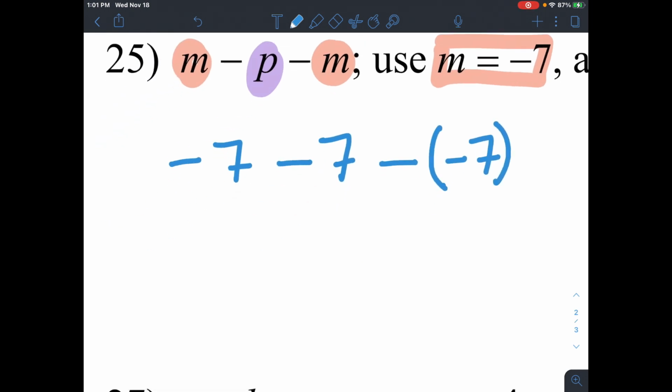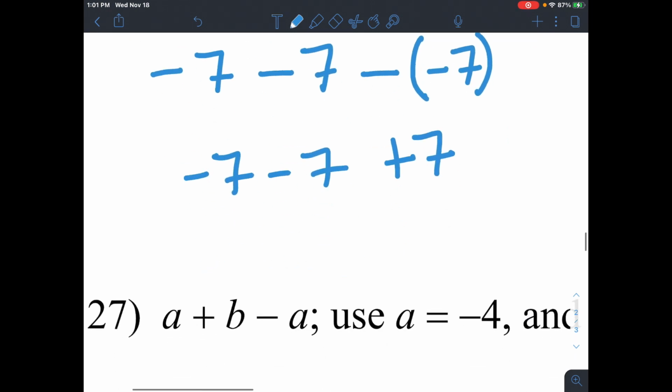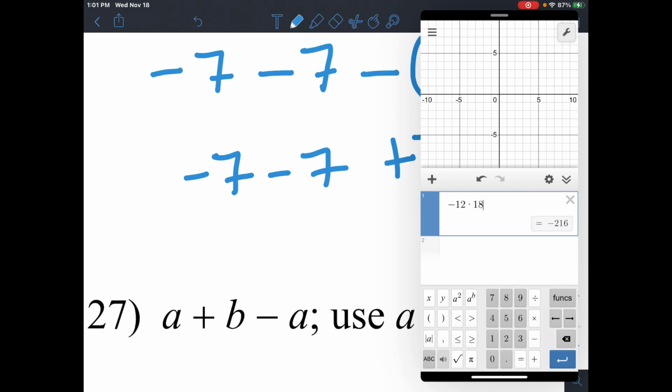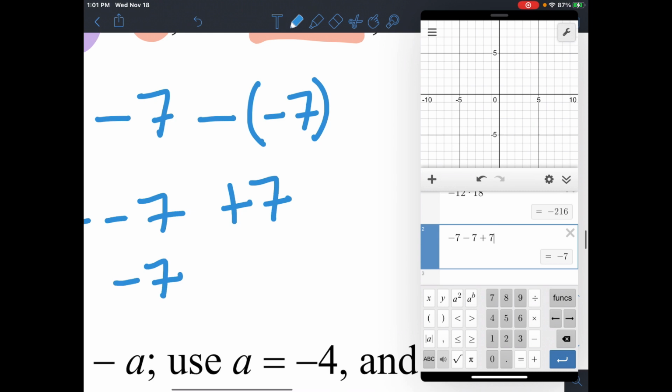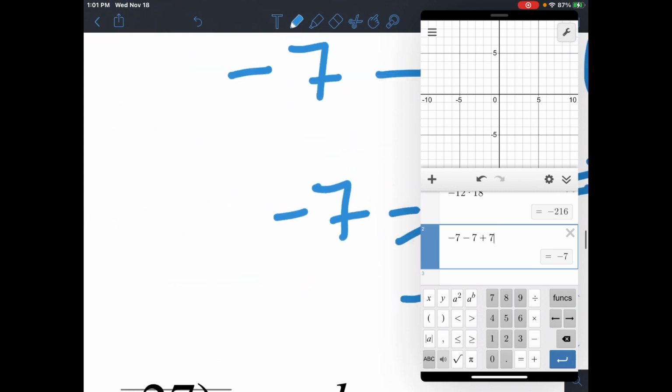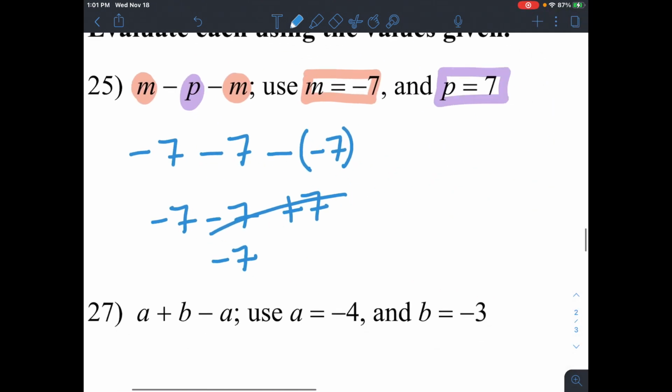This minus a negative is actually a plus, so negative 7 minus 7 plus 7. If you don't know what that is, you can absolutely plug it into your calculator. It equals negative 7. Or you could have seen, well, I have a negative 7 and a positive 7, those will just cancel out, and I'm left with negative 7. Either way is totally fine.